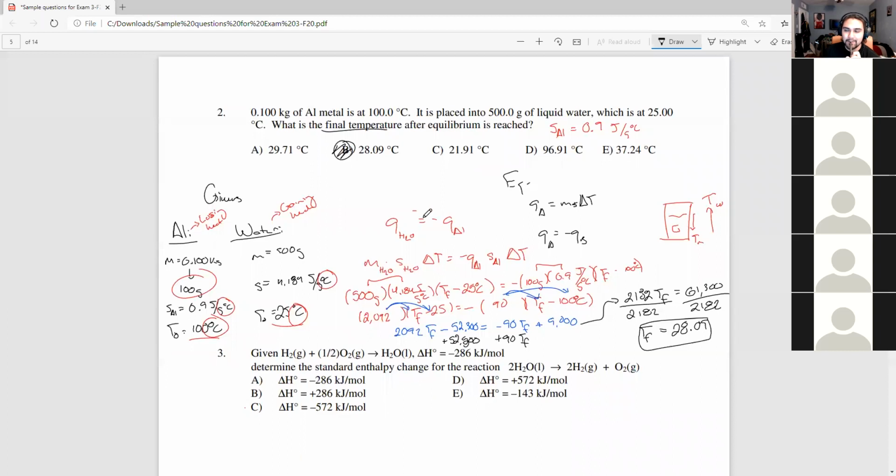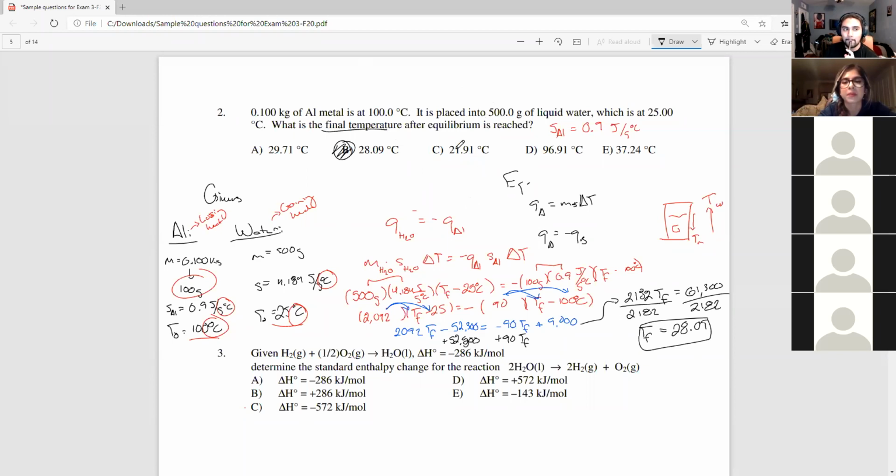It would depend what you're working with. I'm not really sure you would use gases with calorimetry. Paulina, have you seen that where we have to use the ideal gas law? No, I haven't seen that with calorimetry. I see it more with work because work deals with pressure and volume changes. I wouldn't say it deals a lot with calorimetry because calorimetry deals with heat. Oh, okay. Thank you.